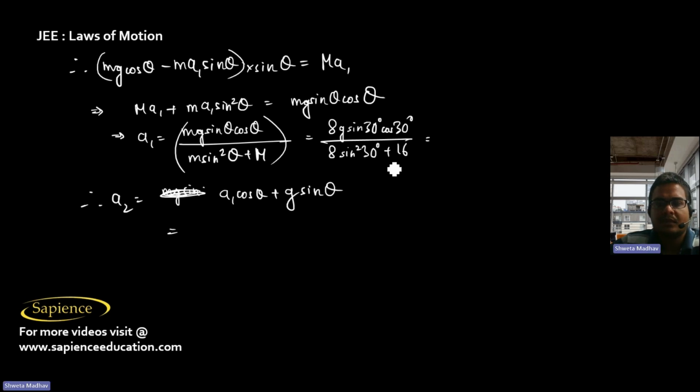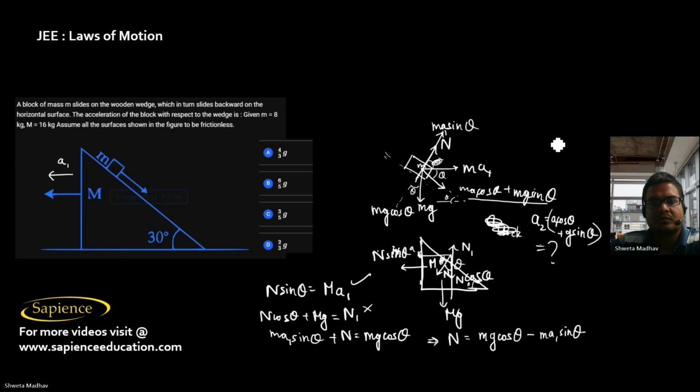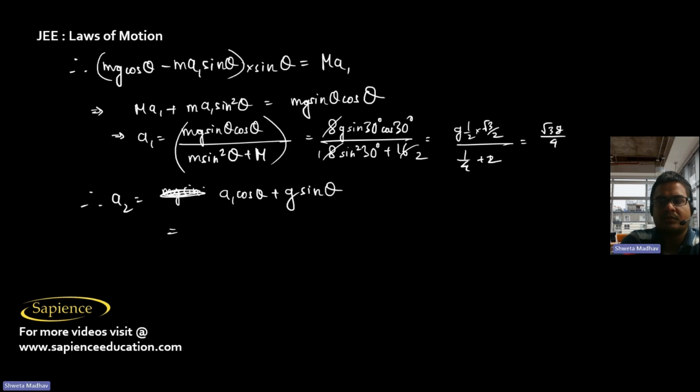So we can cancel 8: g into half into root 3 by 2 divided by, sin square 30 is 1 by 4, plus 2. So this will be root 3g by 4 divided by 9 by 4. So this is root 3g by 9.